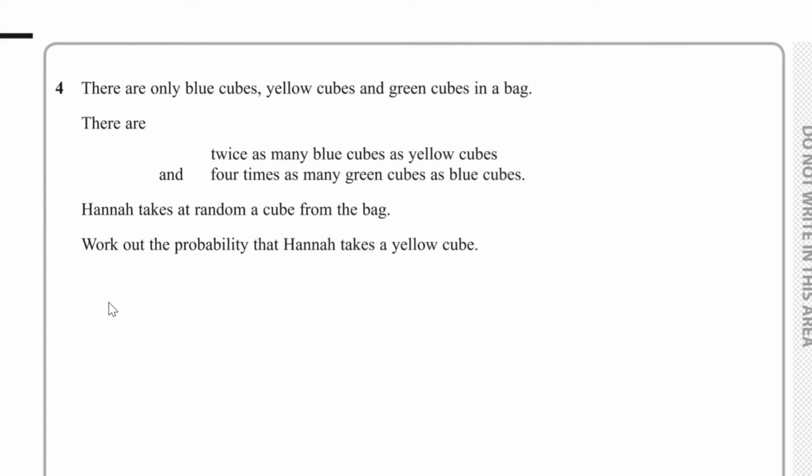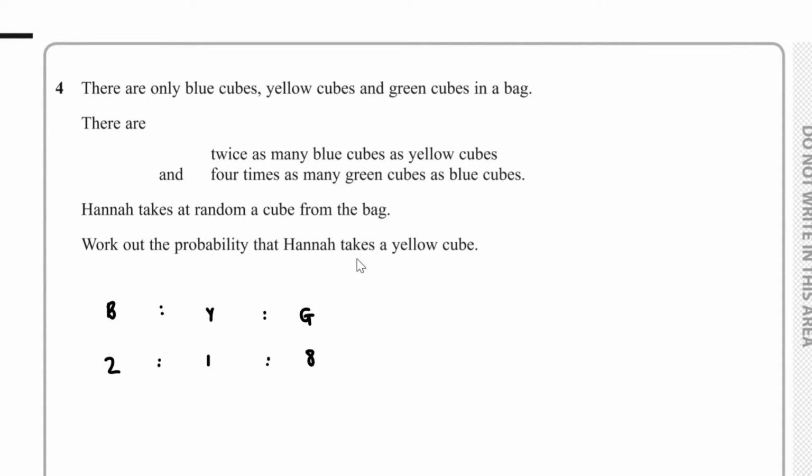So first of all, if we think about the ratio of yellow to blue to green, there's twice as many blue as yellow, so we've got 1 to 2 for the ratio of yellow to blue. And there's 4 times as many green as blue, so green will be 2 times 4, which is 8.